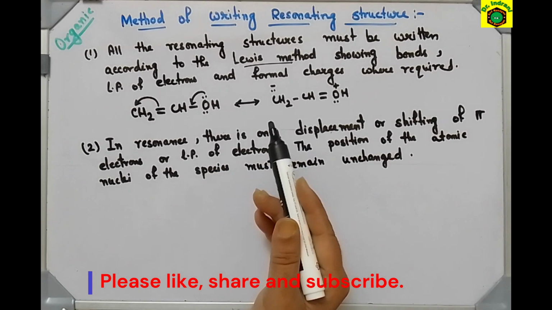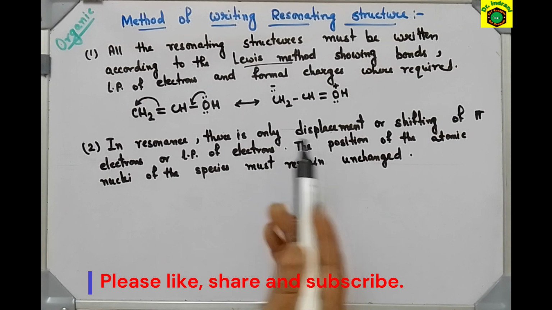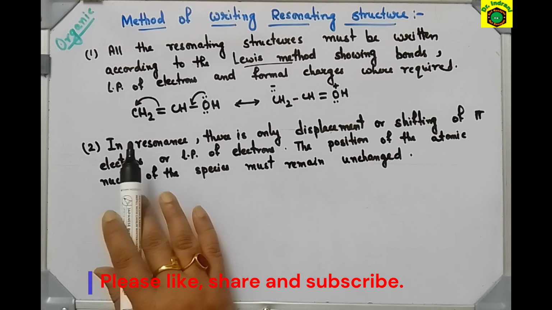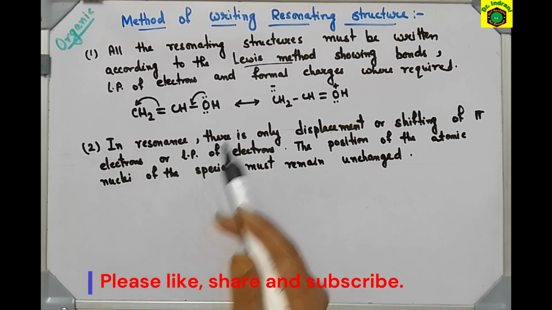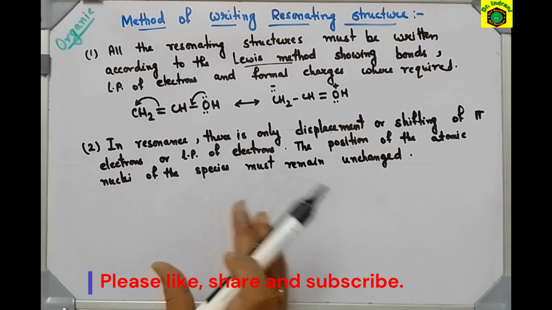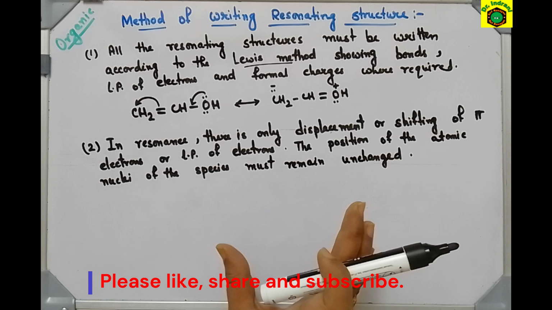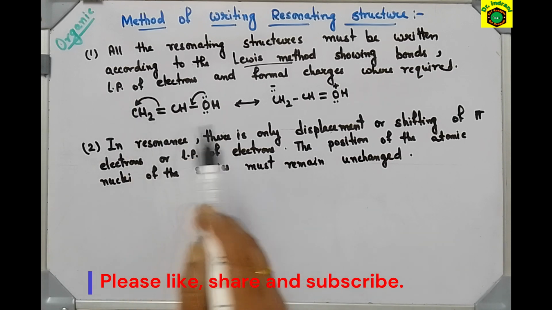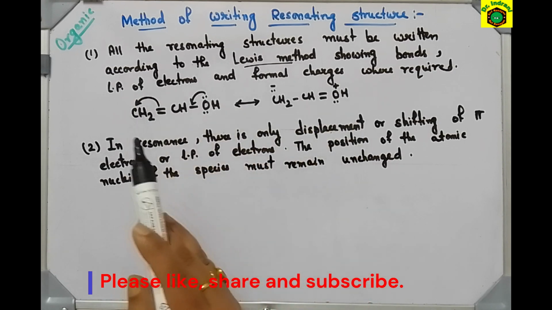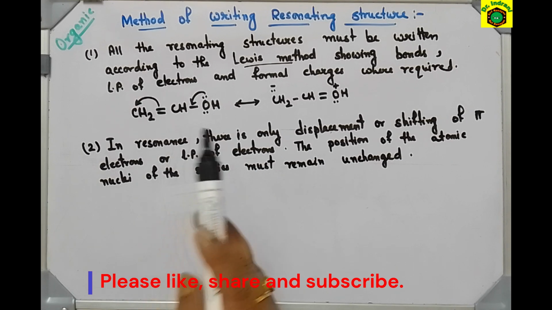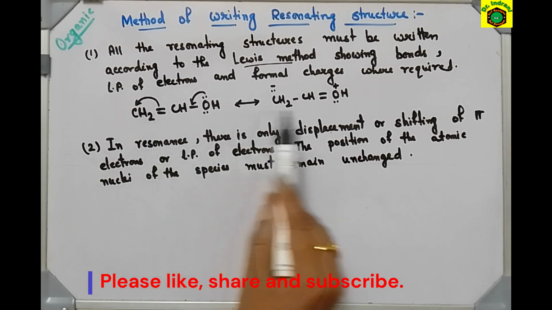We have seen that in tautomerism there is migration of atoms, but in resonance, while writing the resonating structures, your atomic nuclei positions will not be changed. Only the electron density is being shifted, or displaced.